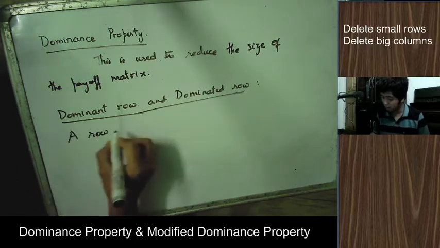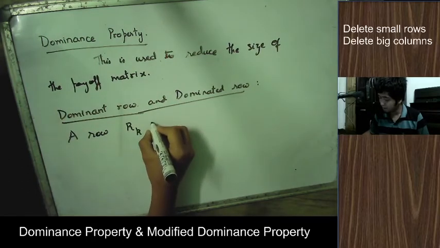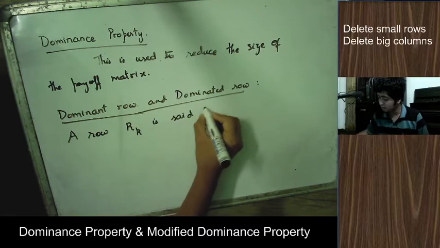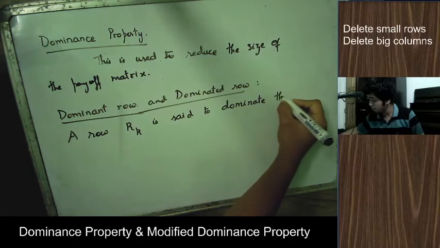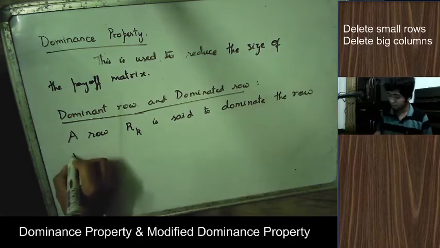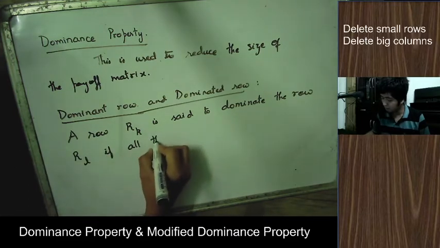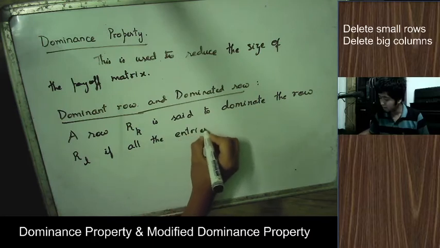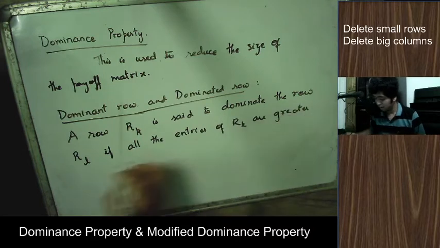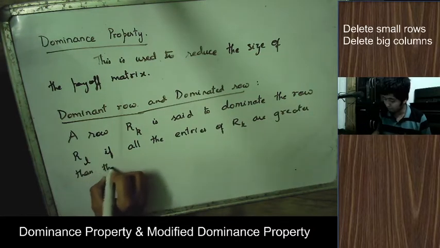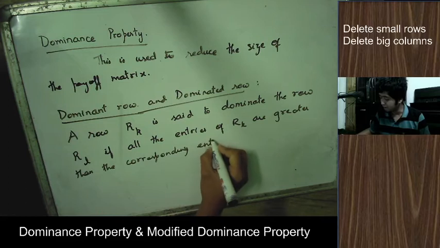A row Rk is said to dominate the row Rl if all the entries of Rk are greater than or equal to the corresponding entries of Rl.